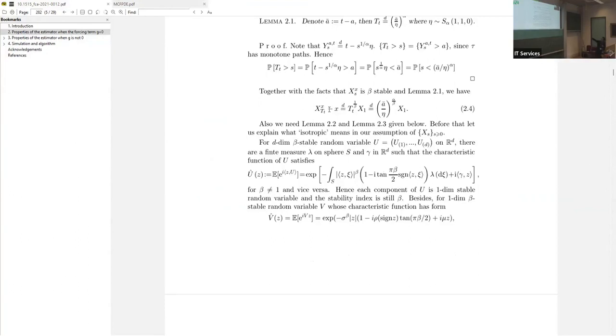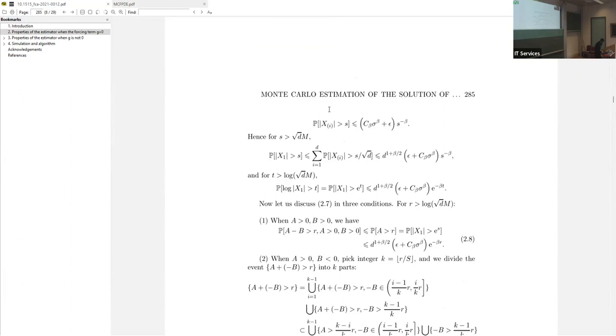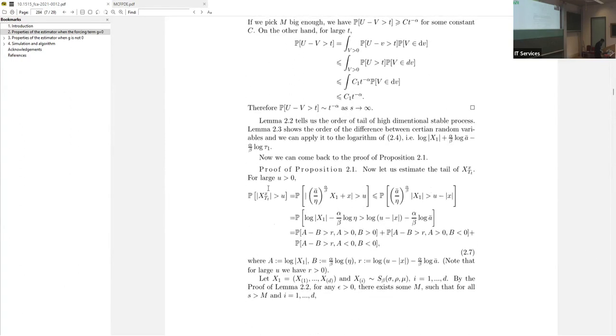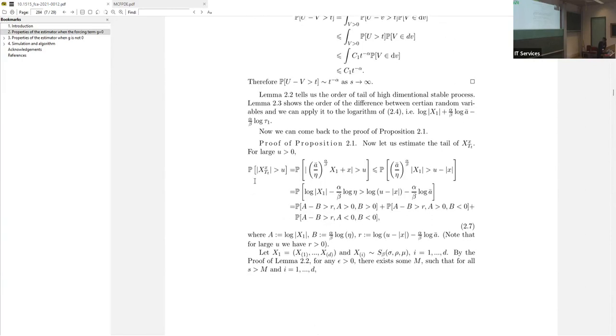Okay, let's see this equation 2.4. Capital X at stopping time t, we write it in this form. This is how I try to prove the tail of capital X at the stopping time t, and this relies on the stable property of the stopping time t.